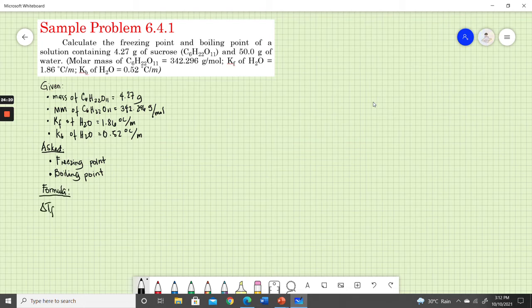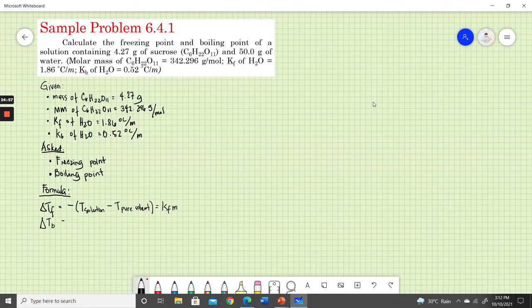So the amount of change in the temperature of the freezing point is basically equal to the negative of the new temperature of the solution, minus the temperature of the pure solvent, which is equal to Kf multiplied by the molal concentration of the solute.